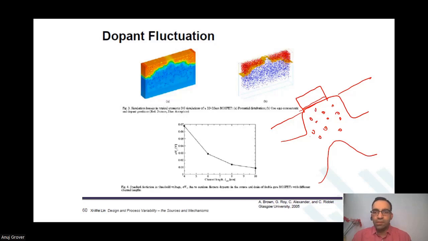In that region, I want to bombard 20 dopants. Can I bombard 20 dopants exactly? Or sometimes there will be 21, sometimes there will be 19. It's a natural process, no?